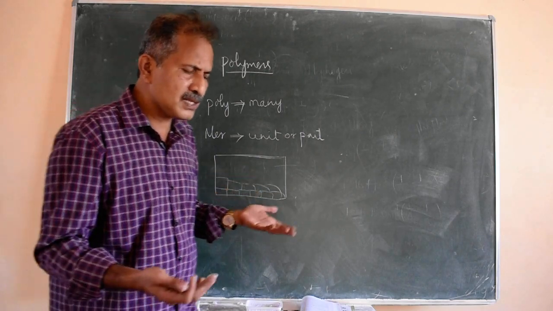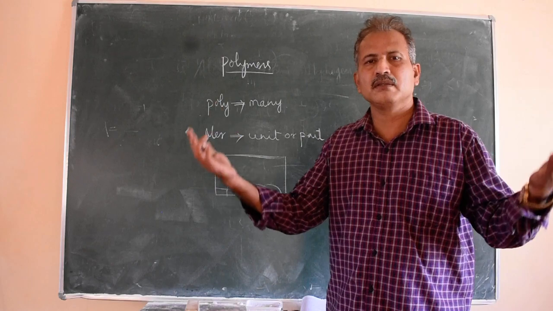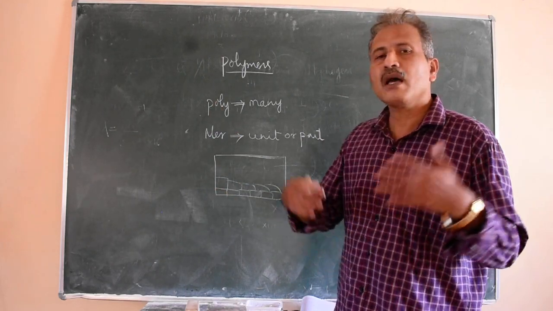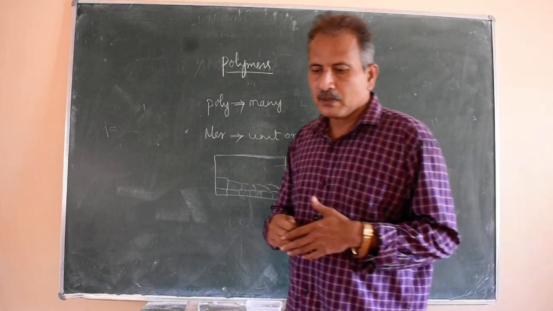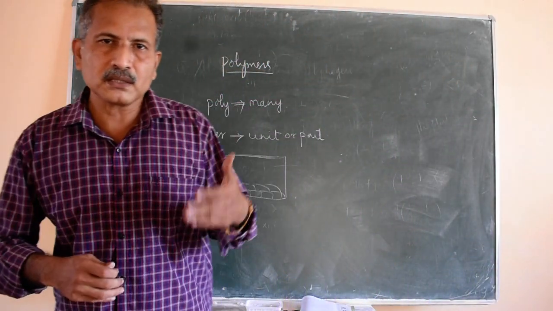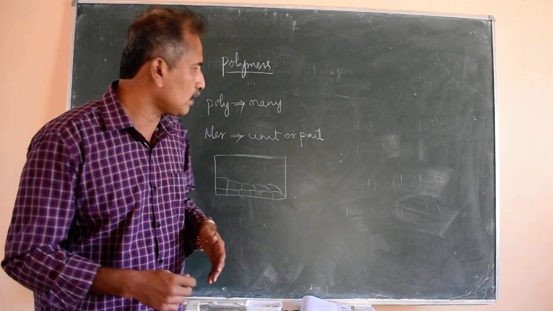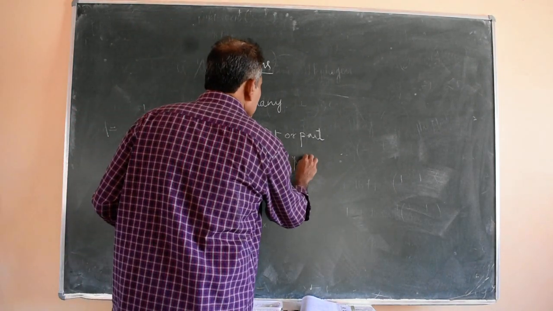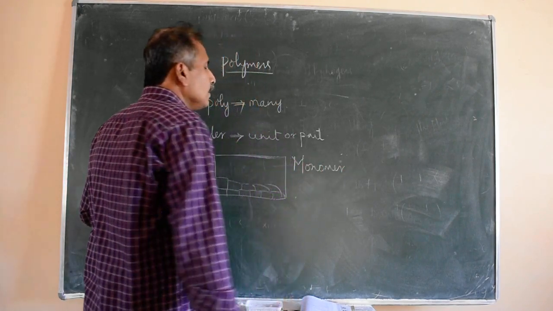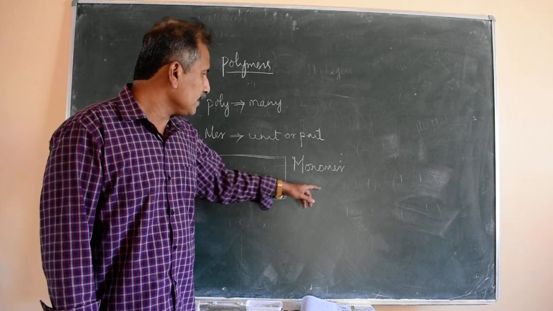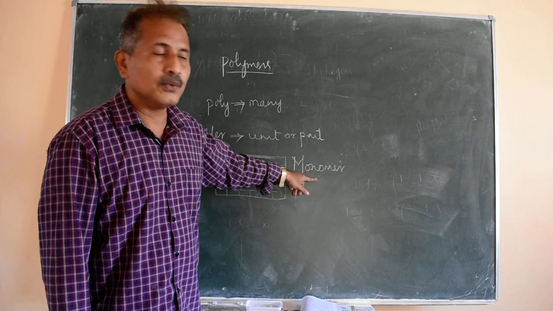Or you can join many structural units together, and what results is a large molecule called a polymer. That structural unit which repeats is called a monomer. So, a polymer is derived by repeating the structural unit, the monomer.